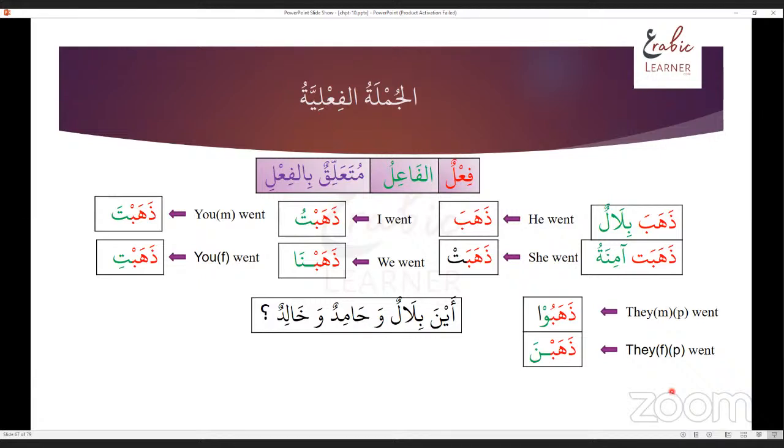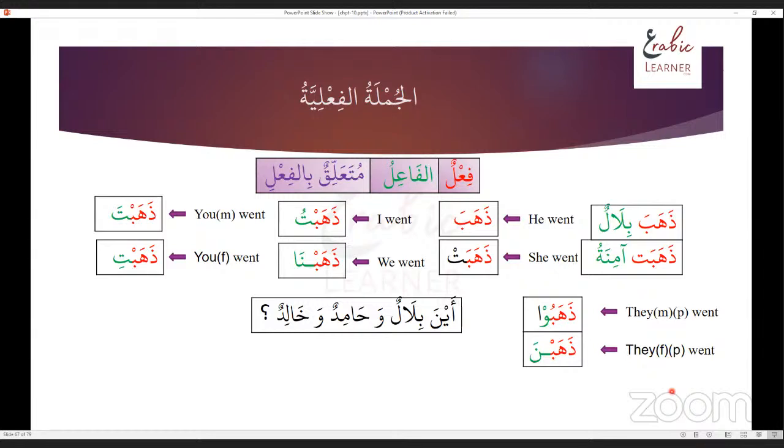Aina Bilalun wa Hamidun wa Khalidun? Where are Bilal and Hamid and Khalid? This is the question. Now I want to say they went somewhere. Tell some answer.